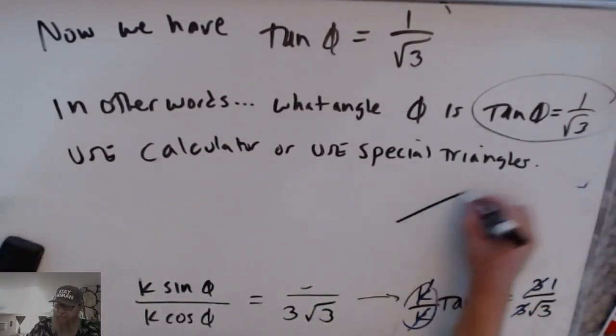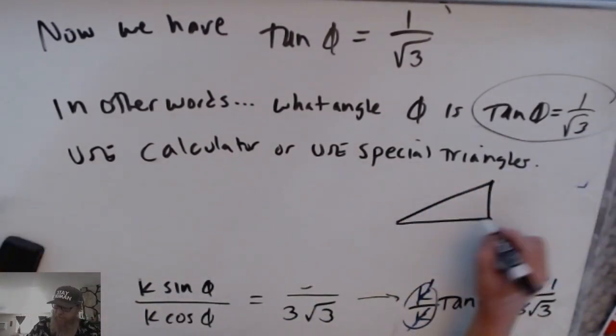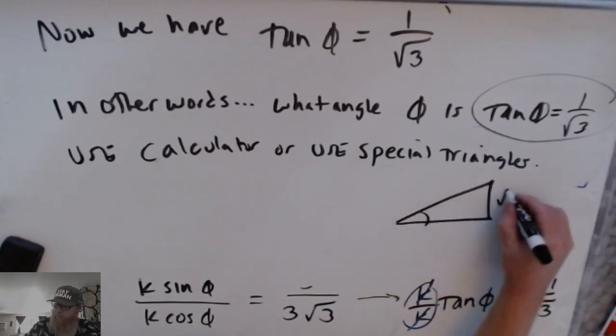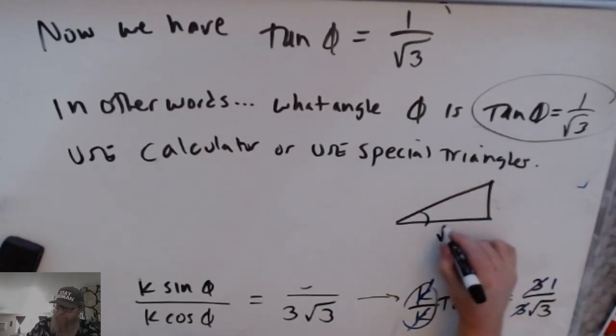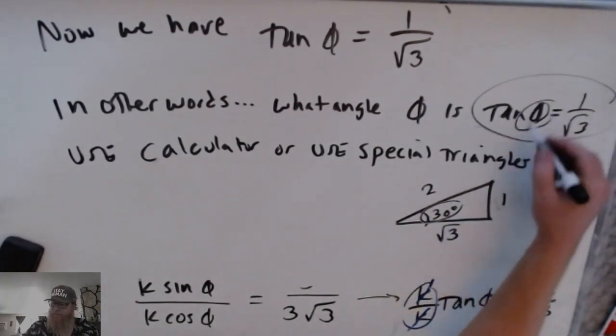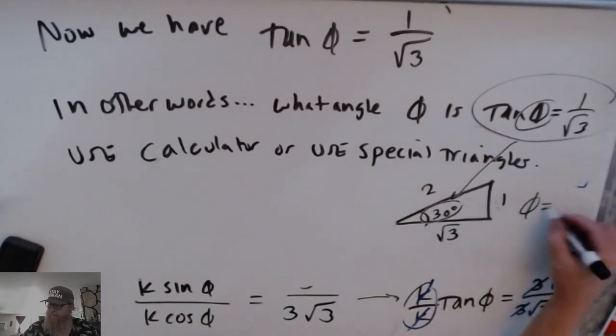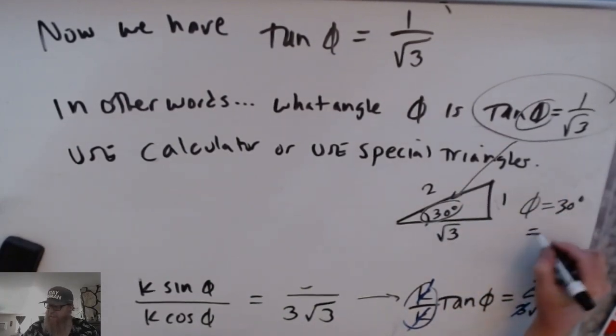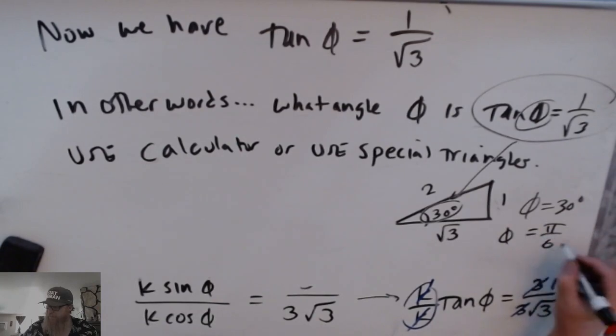For this particular one, I like to use a special triangle. That square root of 3 is down here, 1 and 2. This is 30 degrees. So phi is 30 degrees, or in radians, pi over 6.